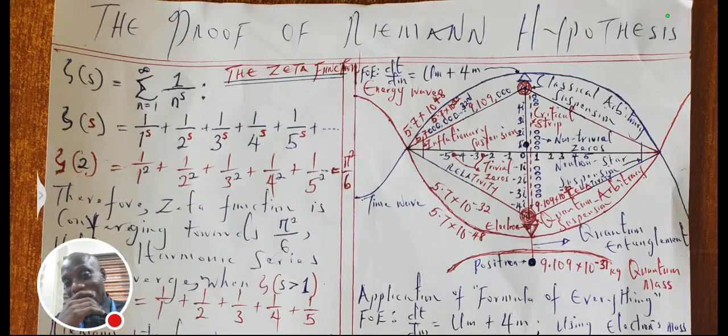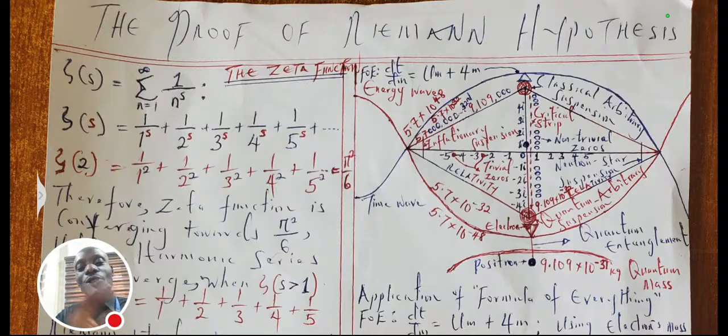In this particular live session, we're going to dissect the proof of Riemann hypothesis. This is Sotadeology lecture 29, and I title it the proof of Riemann hypothesis. So we're going to be dissecting the non-trivial zeros on the critical strip.